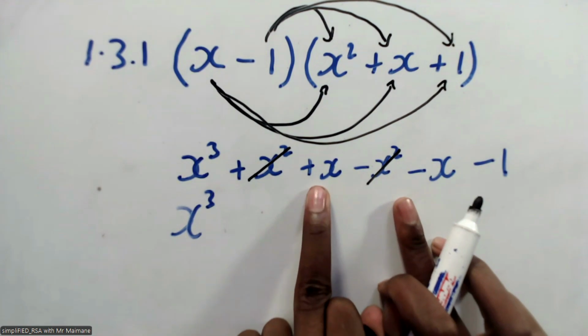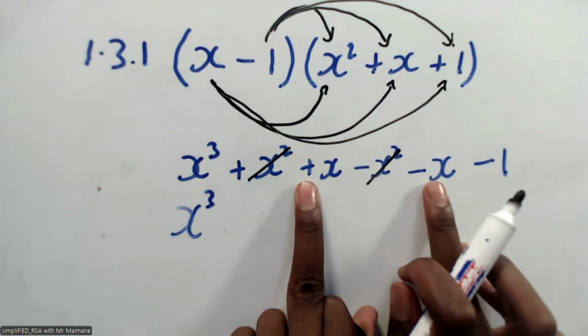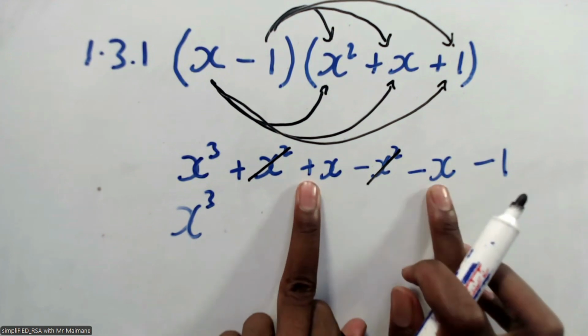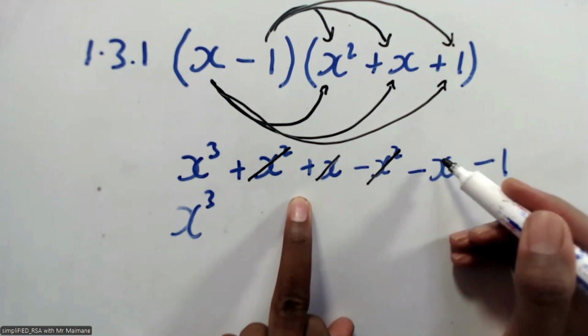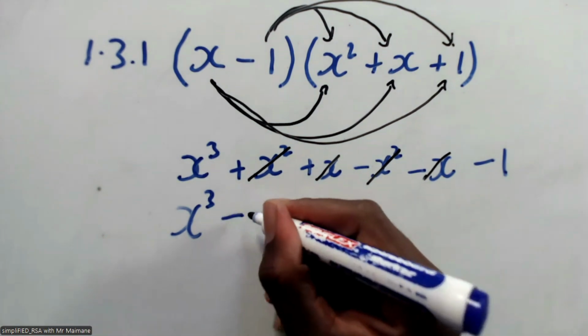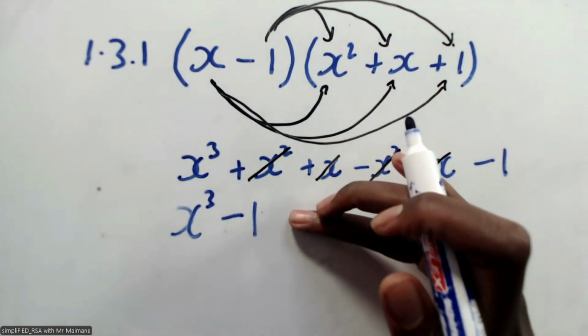And also I have plus x minus x again. Plus x minus x, like terms. You can see they also cancel each other. And then I'm left with minus 1 as it is. So the simplest form of the given expression is x cubed minus 1.